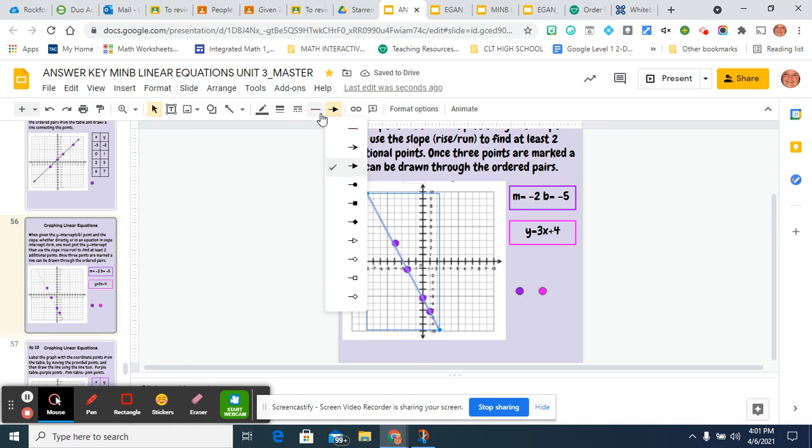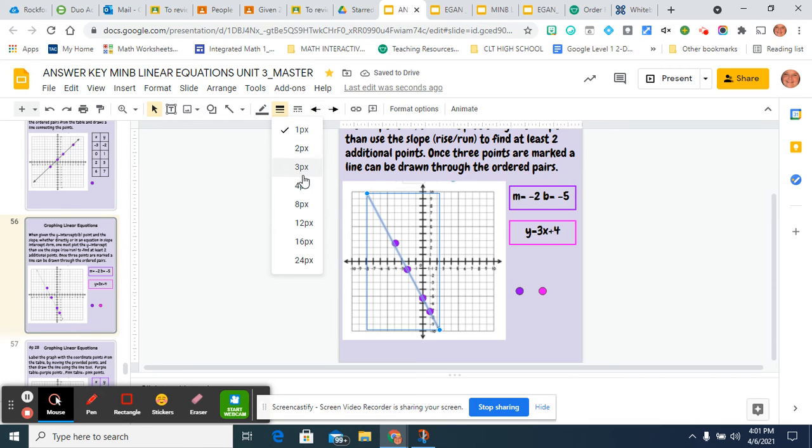And I'm going to mark this with that arrow, this with that arrow, and make my line just a little bit thicker. 4 point, and I'm using line color of black. So there we have it.